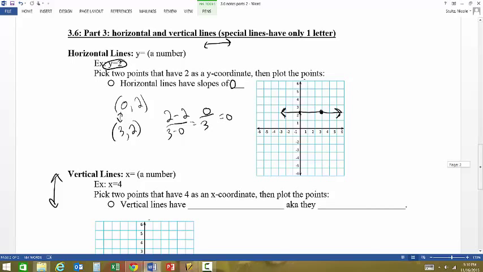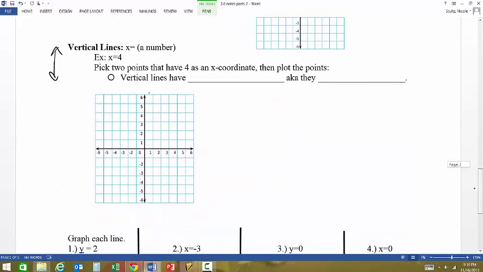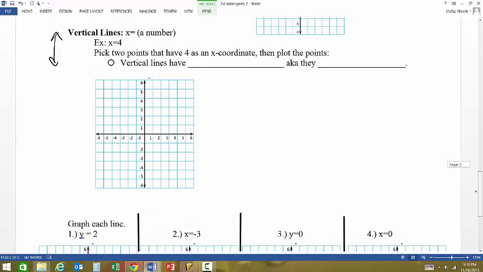Kind of the same idea with vertical lines, except now notice it says x equals 4. So again, I realize, oh, this is a special line because there's only one letter. So I'm going to do what I did before, only this time my x coordinates have to remain 4 because it says x equals 4 for all cases.